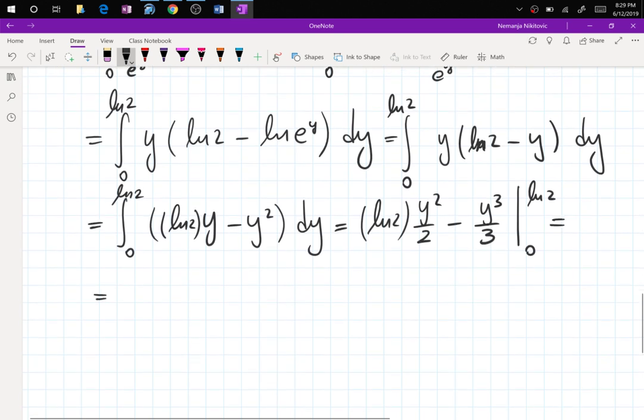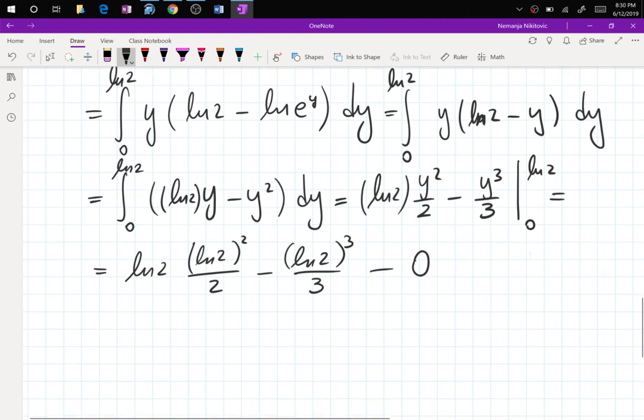You do one at a time. Plug in ln 2 everywhere. So I have ln 2 times ln 2 squared over 2 minus ln 2 cubed over 3, and then minus big fat 0 because it kills both of the terms.